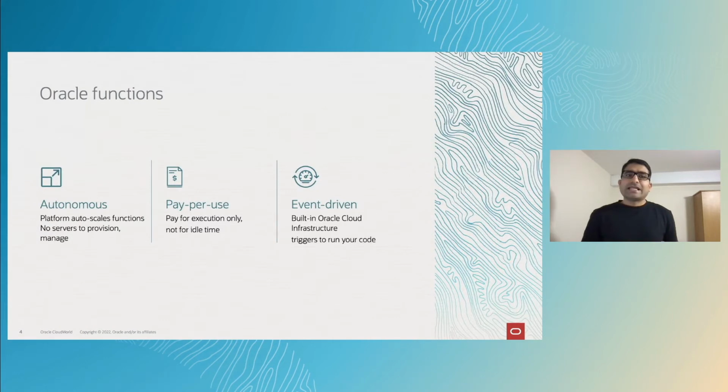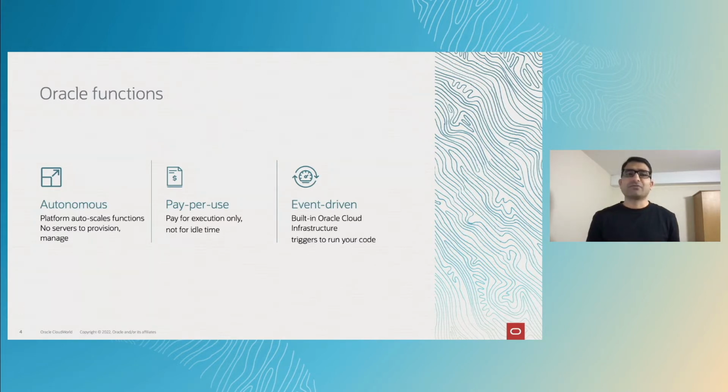The three key tenets of Oracle Functions are it is an autonomous service. The platform automatically scales based on the concurrent invocations for your functions. This means you don't have to provision any servers and manage them for deploying, running, and scaling your applications. The second key aspect is you only pay for the execution time of your functions.